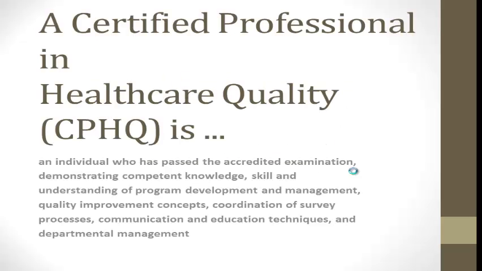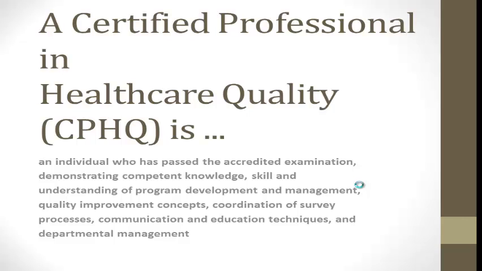Well, first of all, a Certified Professional in Healthcare Quality is an individual who has passed the accreditation examination, demonstrating competent knowledge, skill, and understanding of program development and management, quality improvement concepts, coordination of the survey process, communication and education techniques, and department management.